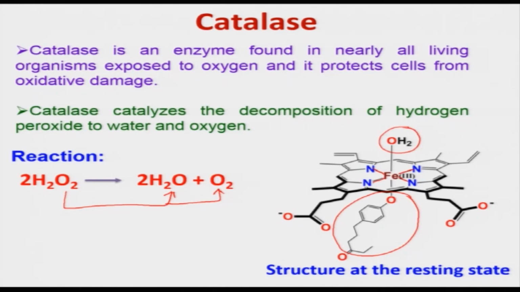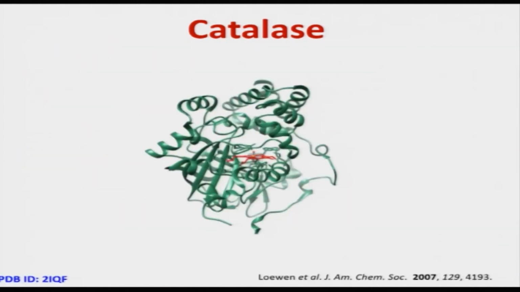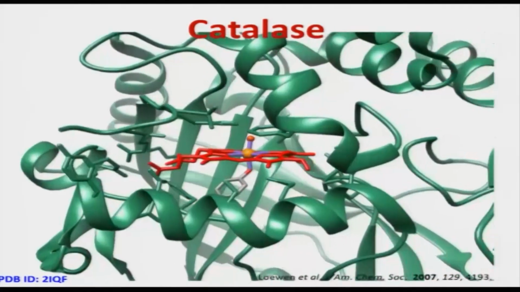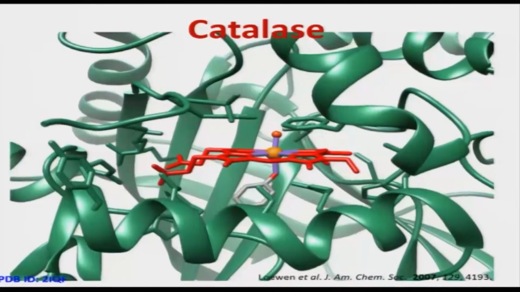So, this is the structure at the resting state of the enzyme. In presence of this catalyst, this transformation becomes highly efficient, and k catalyst is 10 to the power 7 mole inverse second inverse. The X-ray structure of this catalase enzyme is shown over here.